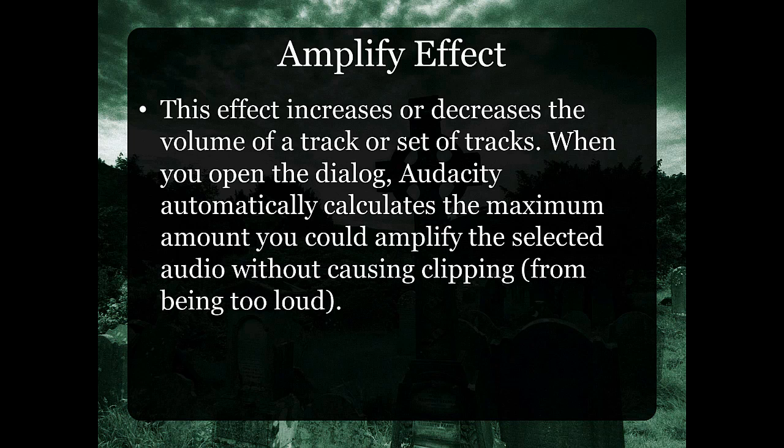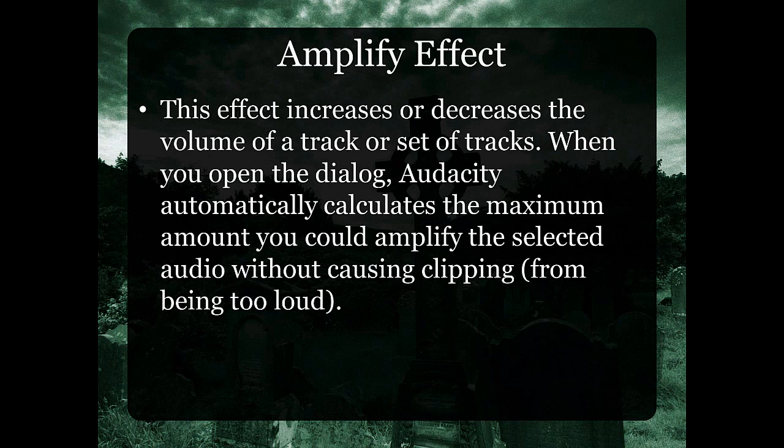Basically, when you open up the dialog to do an amplify on an audio, it calculates what the maximum amount you could amplify it to fit within the window. If you remember your wave file when we were looking at Audacity, looking at EVPs last time, we have our blue wave showing us our peaks and our lows of our audio.